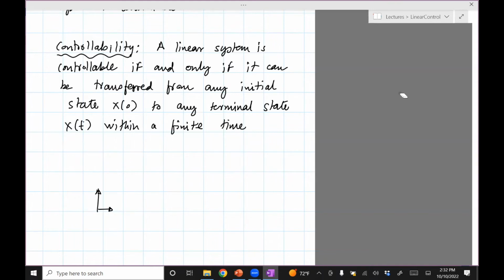So you know what, let me take this example. Let's take the Dubin's car. And this is the steering, and this is for speed control.